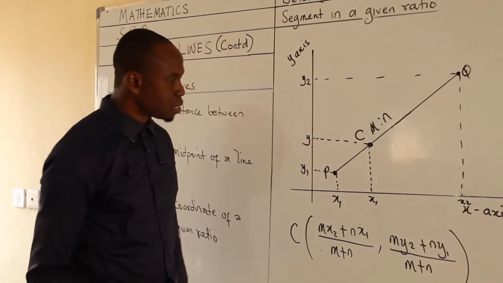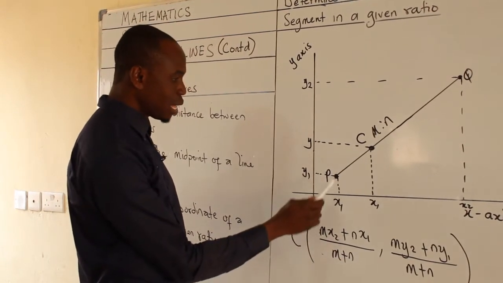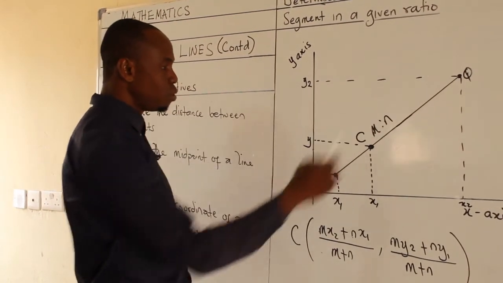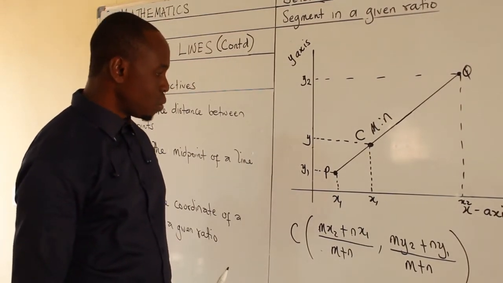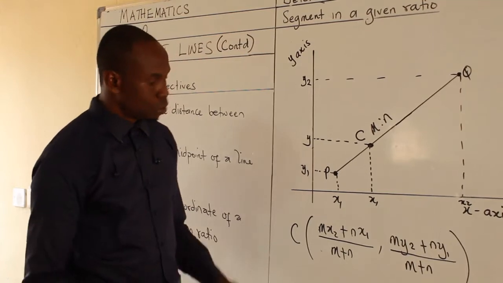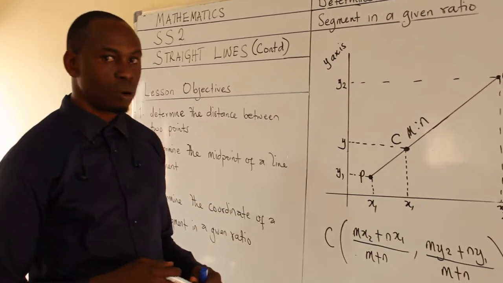M and n represent the given ratio. x1 and x2 are the coordinates of the original position of the point. So we're going to use this formula to solve the example we have on the board.